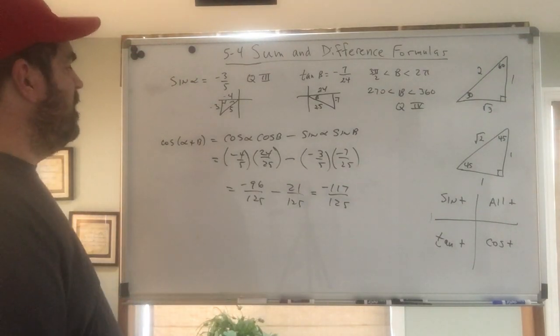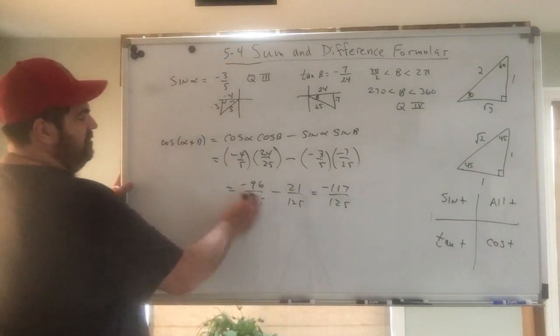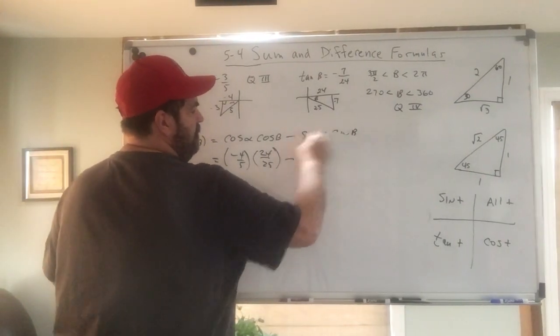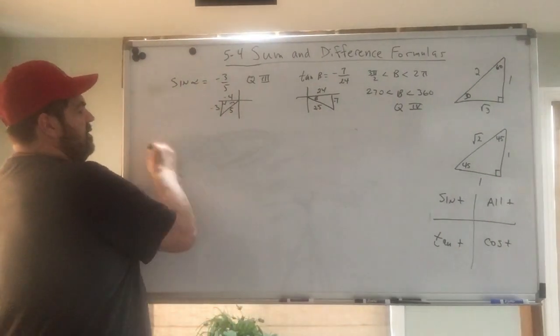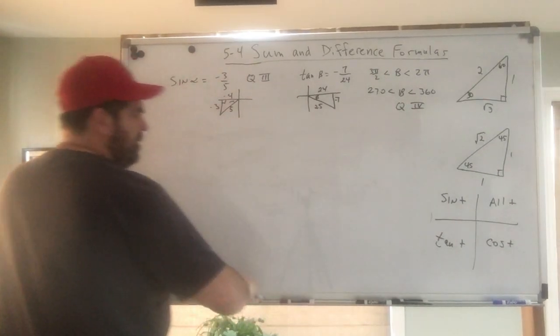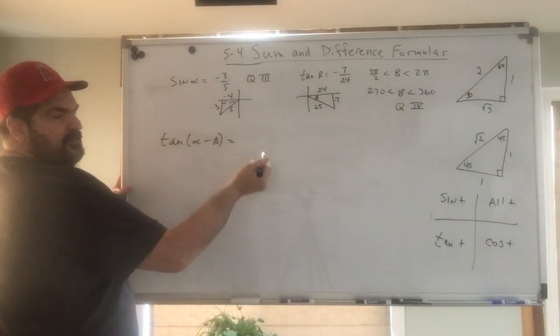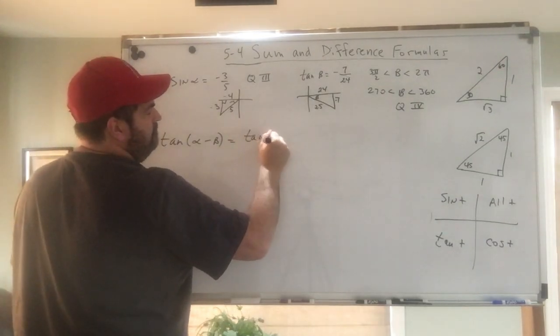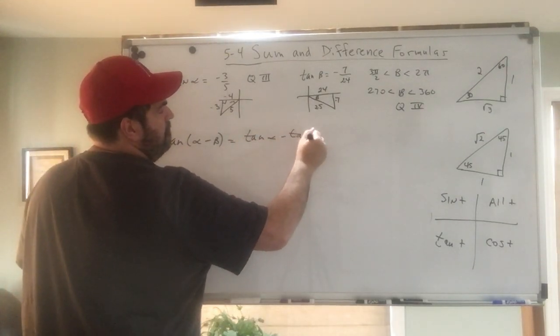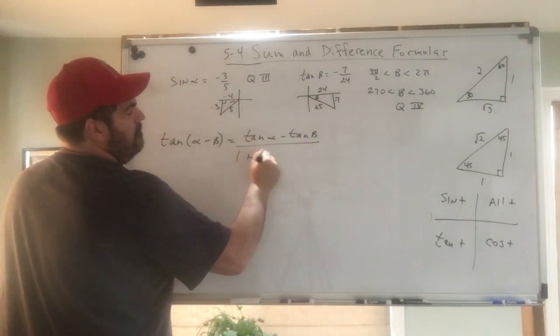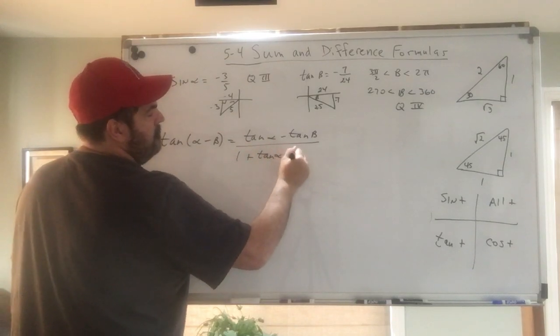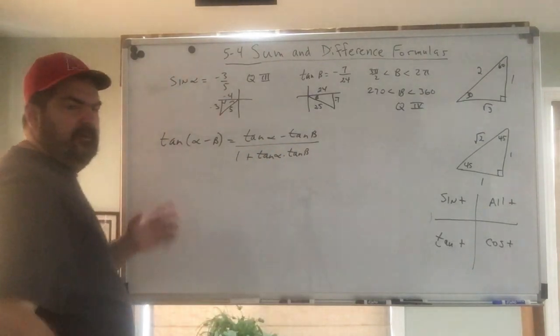All right, let's do a tangent. On the other video, I think I did a plus, so let's do a minus. The formula for tangent. So you can look at your sheet.